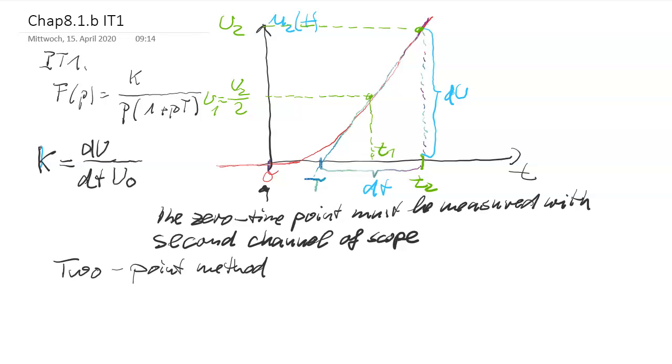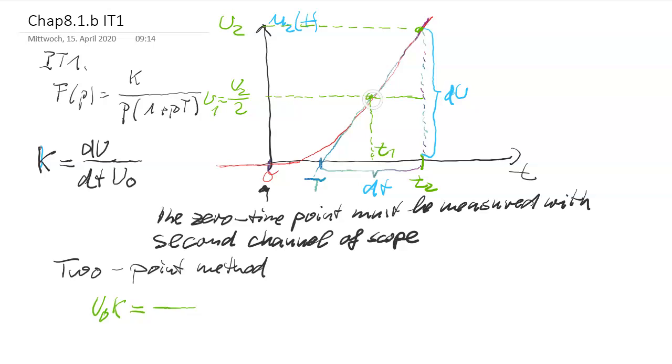And with both points, with the coordinates of the points, I can very easily calculate both unknowns K and T. The U sub 0 K is the gradient of the ramp. And now I have a triangle here from this point to that point. You see, this triangle can be used to define the gradient.